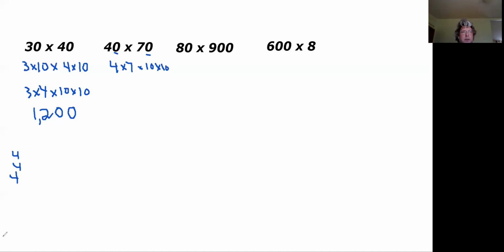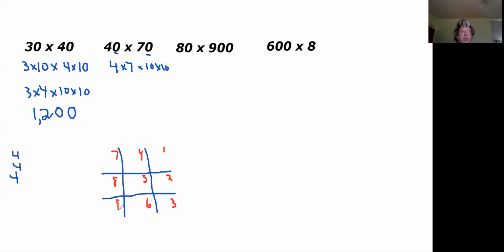I could use my tic-tac-toe board for my sevens. And remember, we have like 1, 2, 3, and then 4, 5, 6, and then 7, 8, 9.